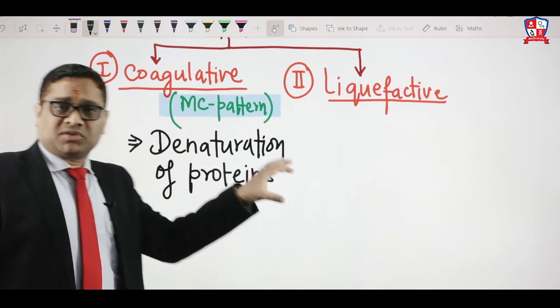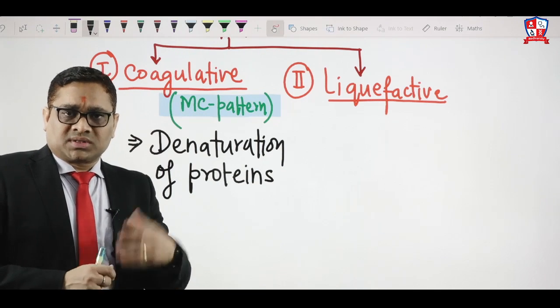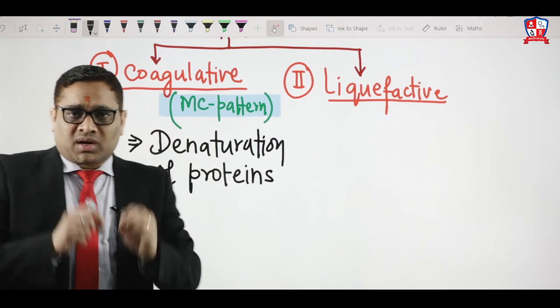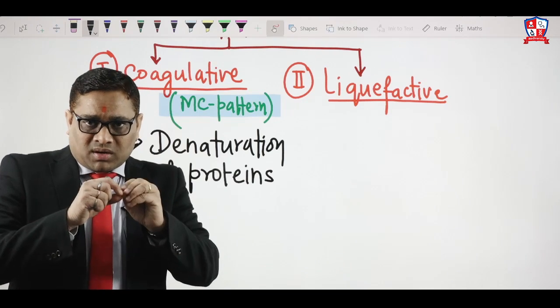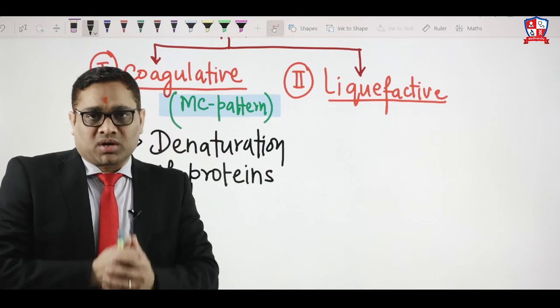Whenever there is denaturation of protein, what will happen to a tissue or cell? Only the protein will be denatured, but the overall tissue architecture will be preserved. That is very important to understand.